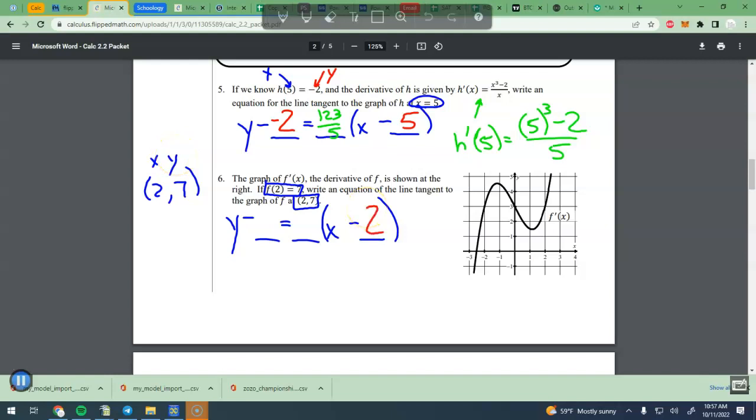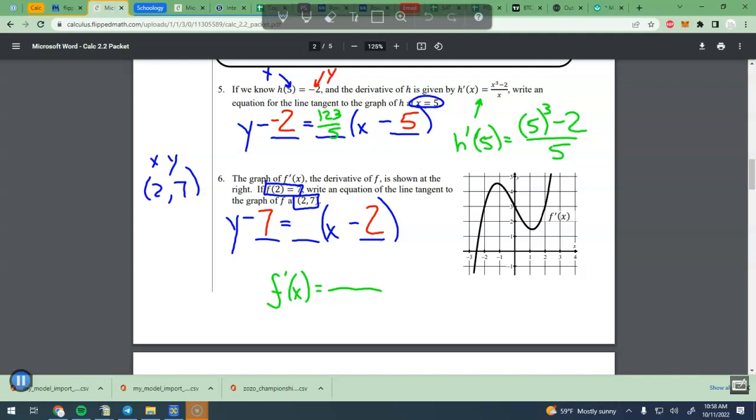So the x value is 2, y value is 7. So what I'm missing is the slope, right? I don't have f prime of x equals blah blah blah to plug into. Normally I would take my x value of 2 and plug it in here, and whatever that told me is the slope. So I can't plug it into this, but can I plug it into the graph? I can read a graph, right?